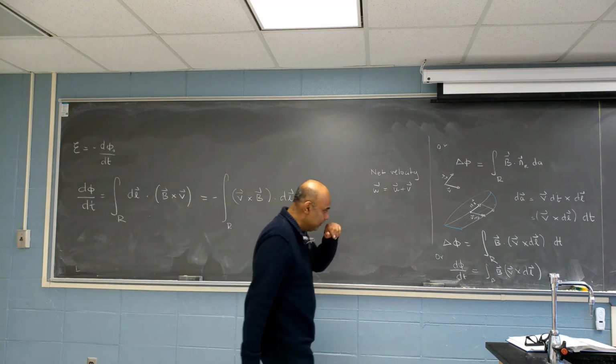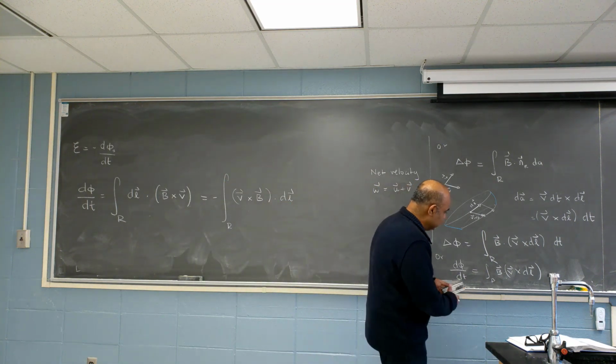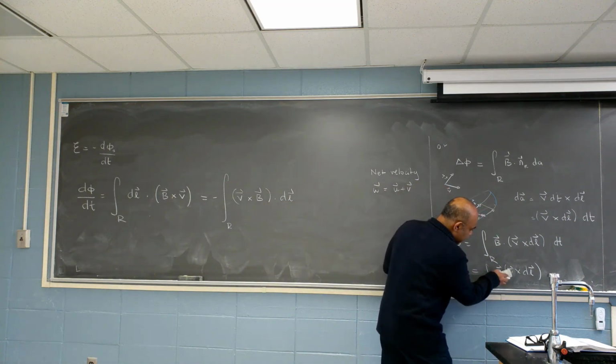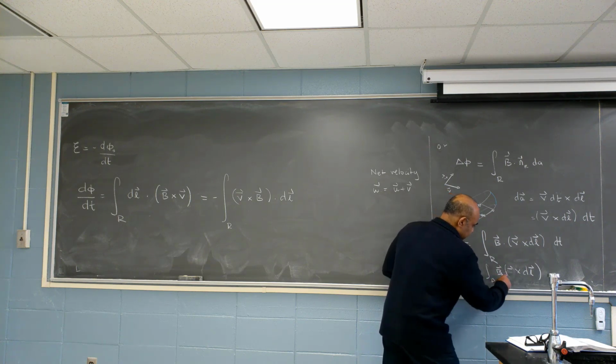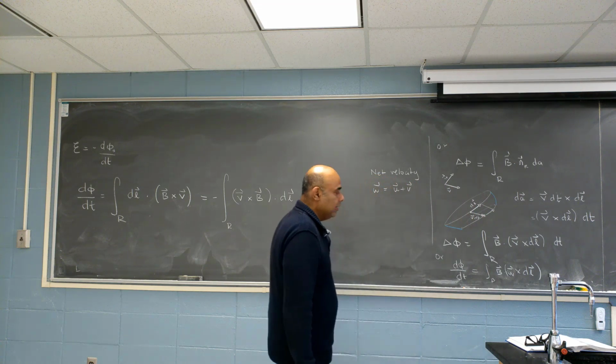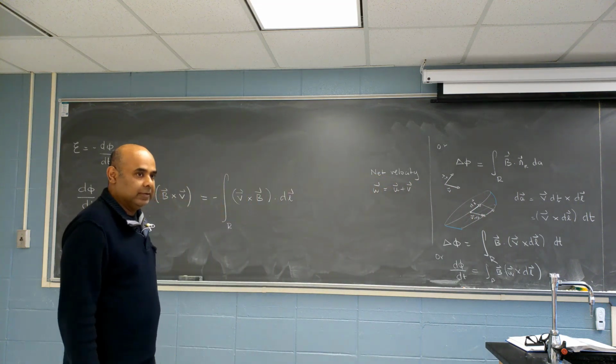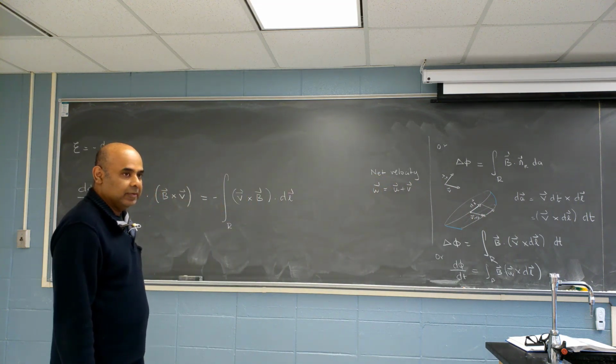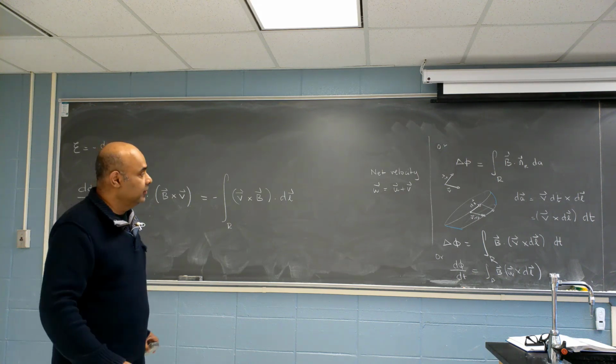Look at what I'm going to do, and you have to tell me why I can do this. Obviously, the addition gives a zero contribution. That's why I can do it.